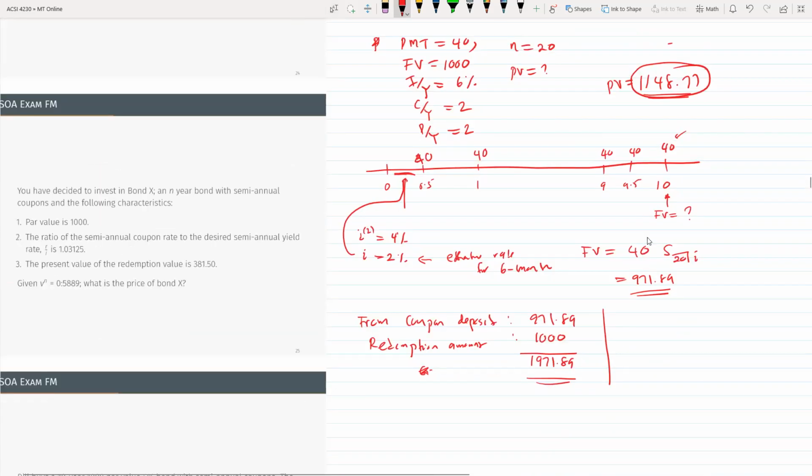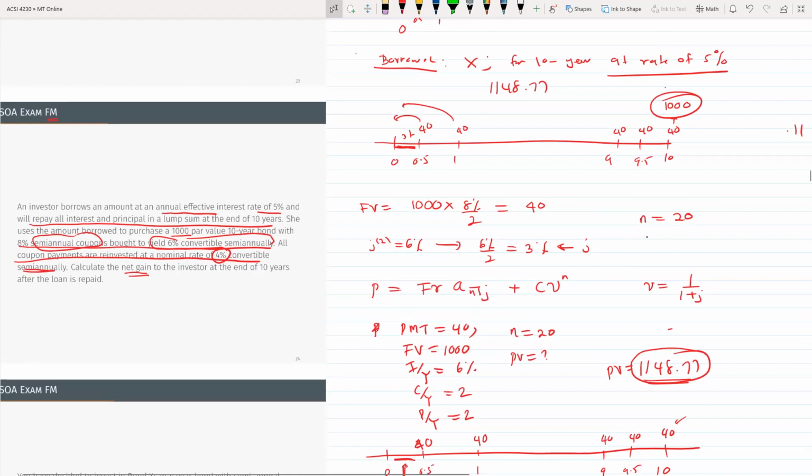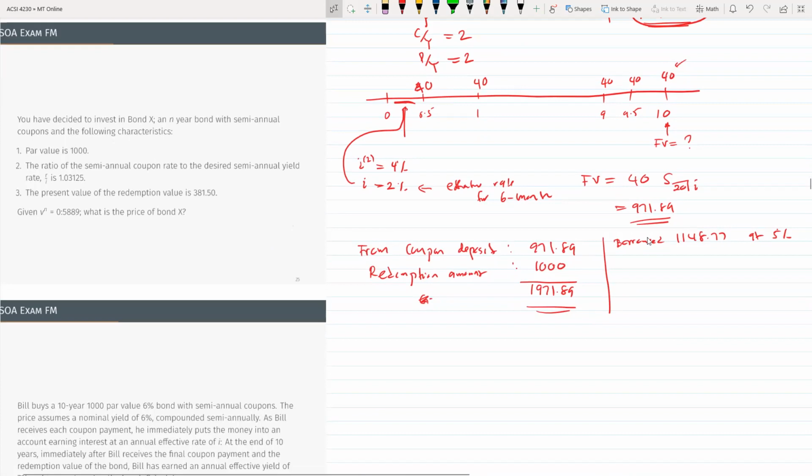So after 10 years, the borrowed 1,148.77 at 5% rate is going to be about 1,148.77 times 1.05 to the 10. So that is the amount due, I mean the loan you have to pay.